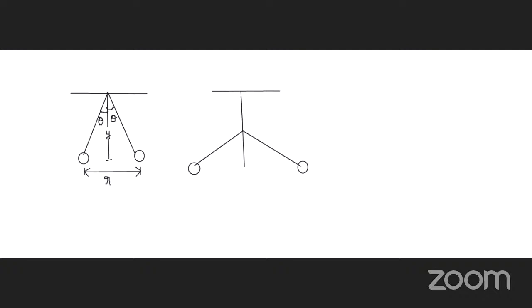Initially it was y, now it is y by 2 according to the question. So this equilibrium separation now we have to find out, and we don't know what the separation is now.